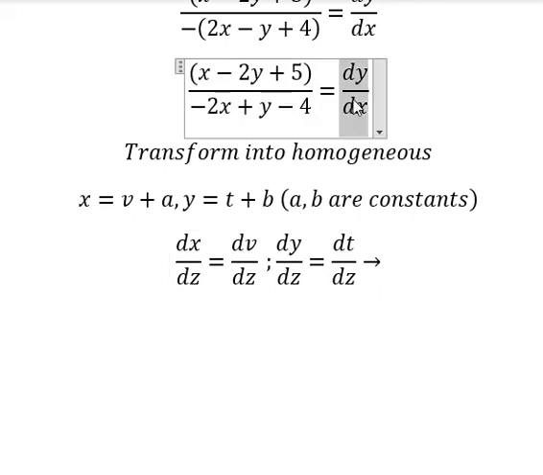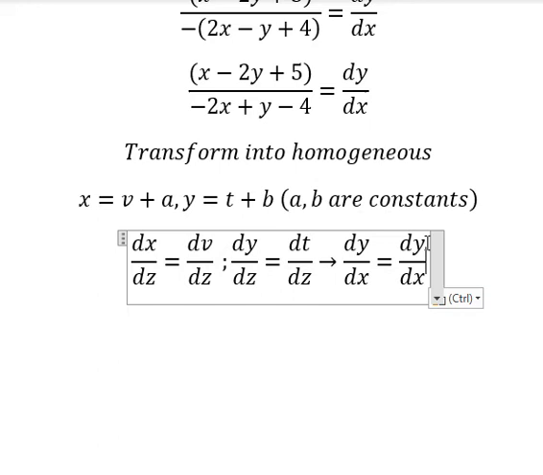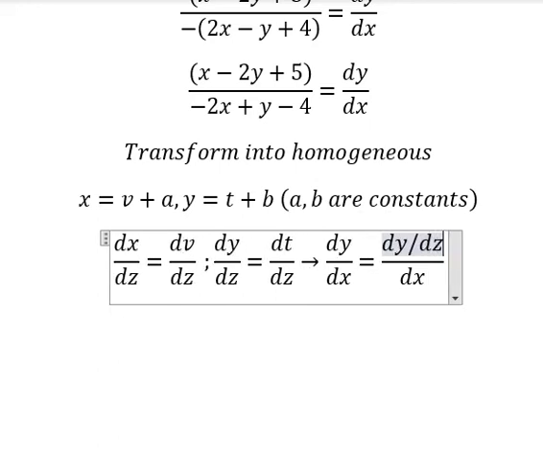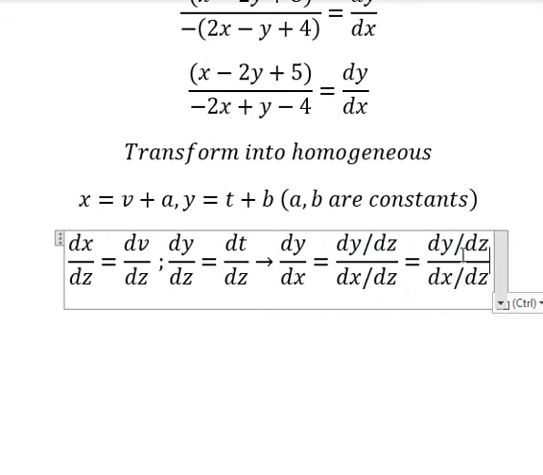Next, we have dy over dx. We can put it into dy over dt over ds over dt. And this one, that is about this one. And ds, that is about this one.